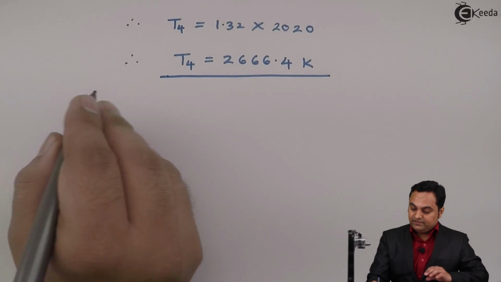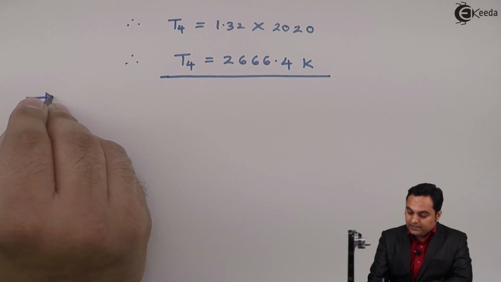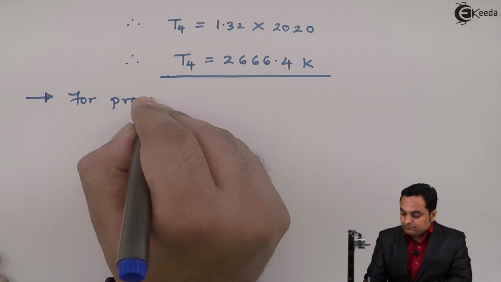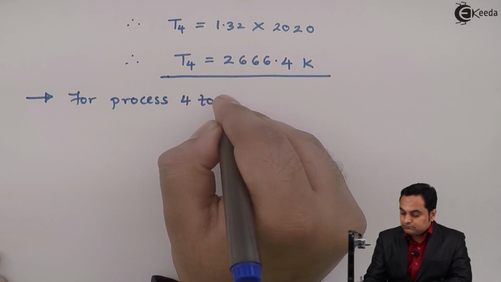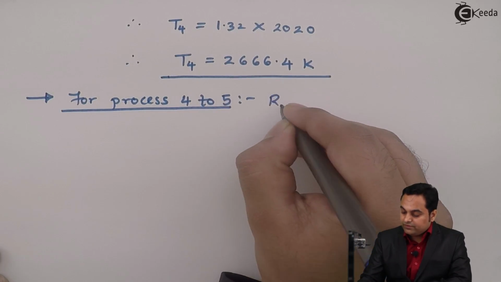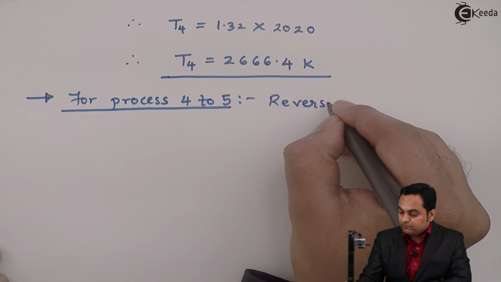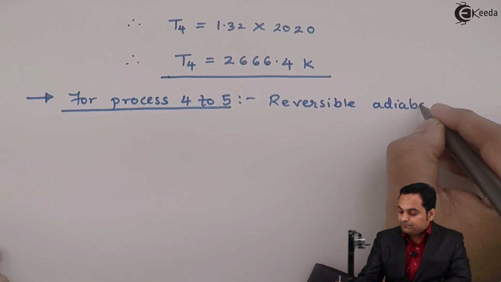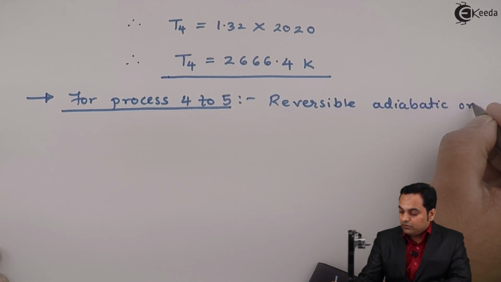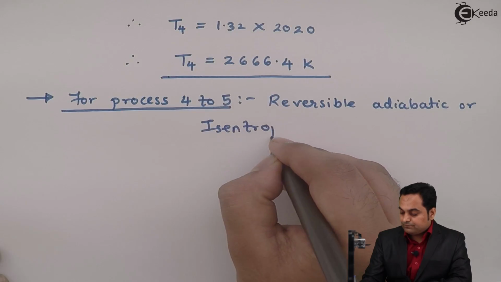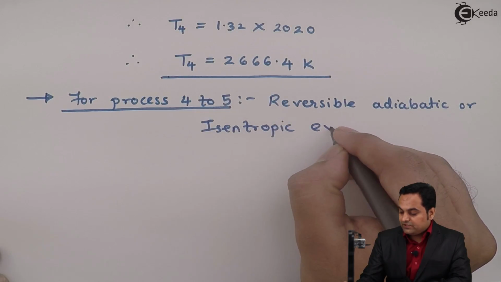Next, I'll use the process 4 to 5, which is called reversible adiabatic or isentropic expansion.